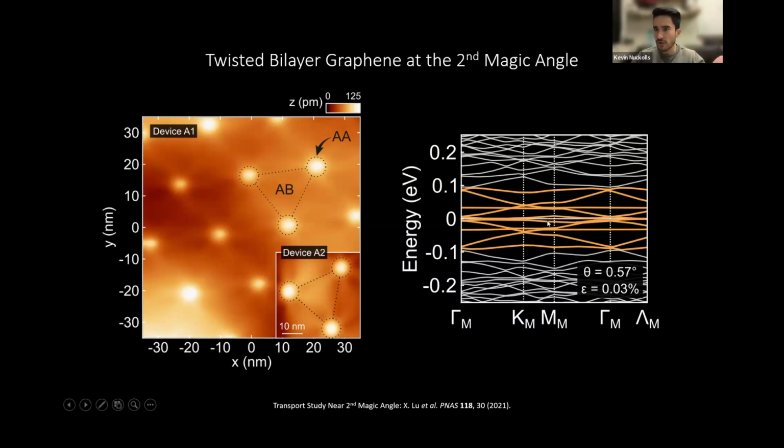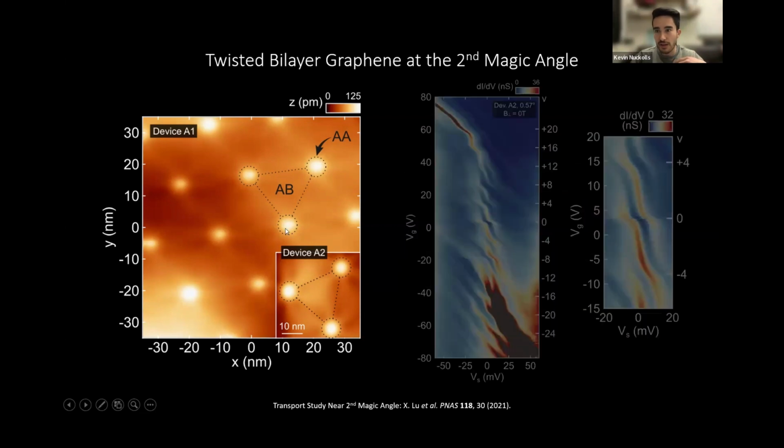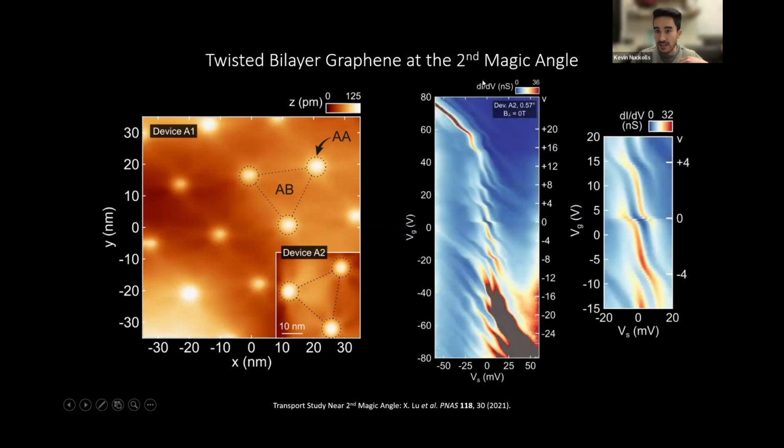So here's a band structure predicted at this twist angle, and I've highlighted in orange a series of 10 flat electronic bands that are very close to charge neutrality. So these will be most relevant to our talk, to our observations, and we'll be looking for these flat electronic bands. So I'll park my tip in the center of an AA site and measure the differential conductance dI/dV, which is proportional to the local density of states in the single particle limit.